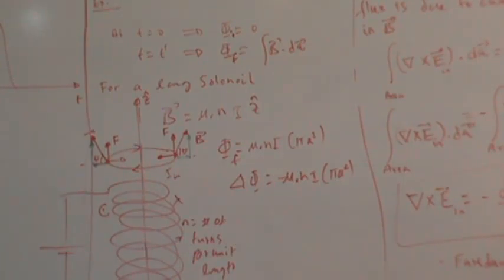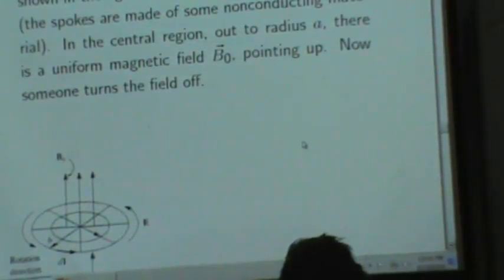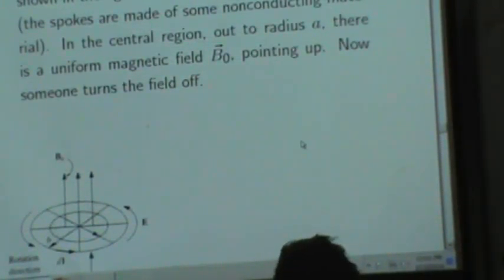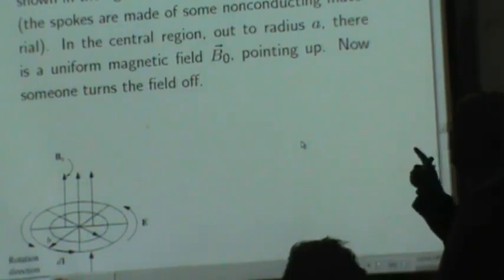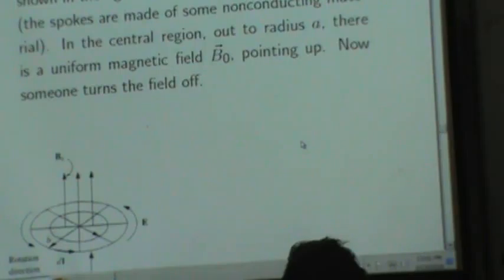Okay, another interesting example here. Suppose you have a line charge that's glued onto the rim of a wheel of radius b, which is then suspended horizontally as shown in the figure below, so that it is free to rotate. The spokes are made of some non-conducting material.